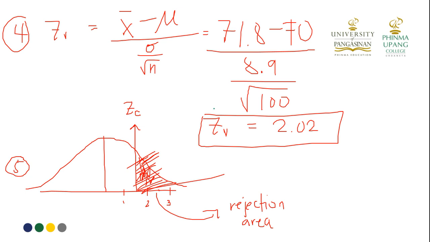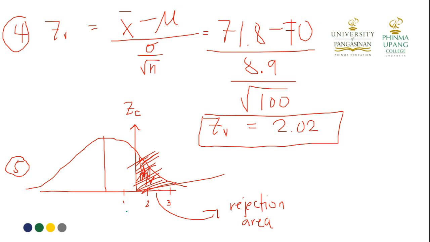Ulitin ko. If ever na yung Z value natin is dumaan siya sa ating rejection area, we're going to reject HO. Critical region is our base para ma-identify natin kung i-reject natin si HO or hindi. Pag dumaan siya sa rejection area, i-reject natin si HO.